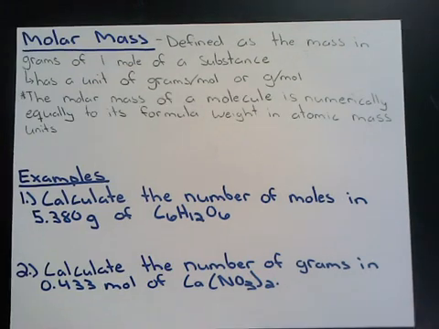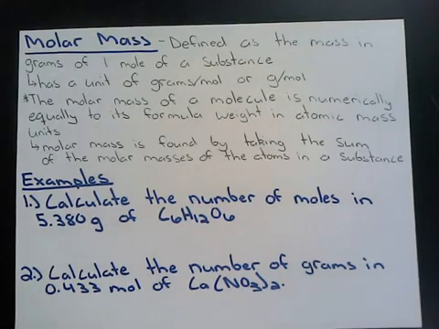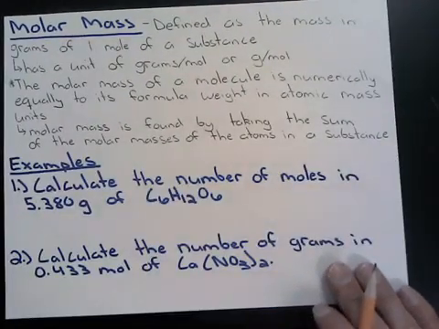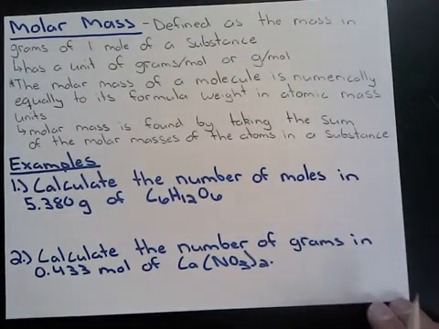And so simply the molar mass is found by taking the sum of the molar masses of the atoms in a particular substance. So let's go through a couple examples to be able to determine the number of moles in the particular substance.